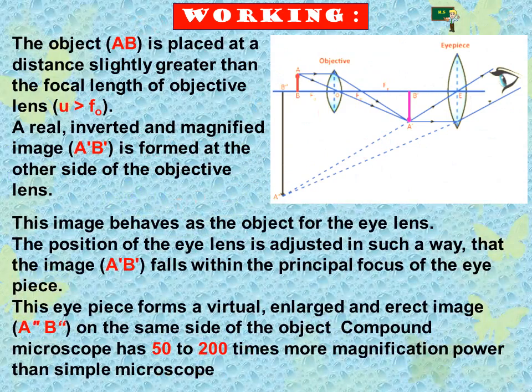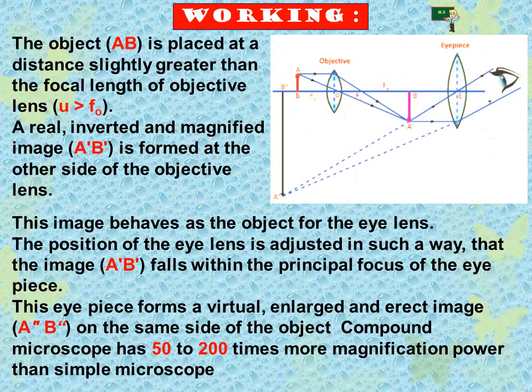The image behaves as the object for the eye lens. The position of the eye lens is adjusted in such a way that the image A'B' falls within the principal focus of the eyepiece.